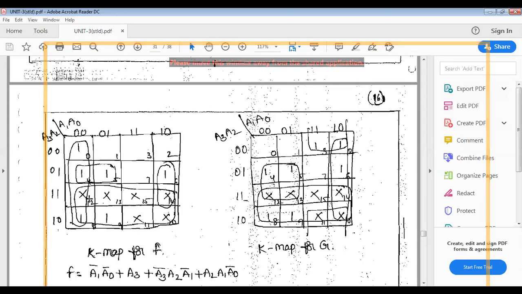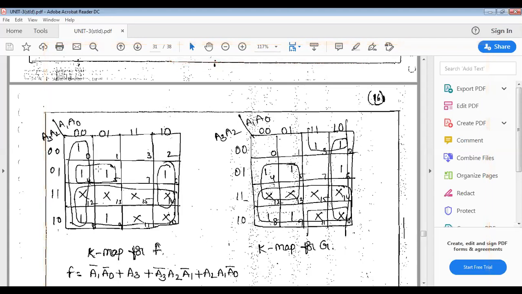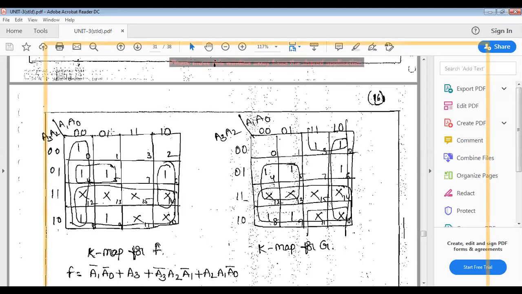If I am taking the 4-box combination of 5, 4, 12, 13, you can see here A2, A1 bar. Don't use this A3 here, A3 bar. Why did we get this A3 bar?